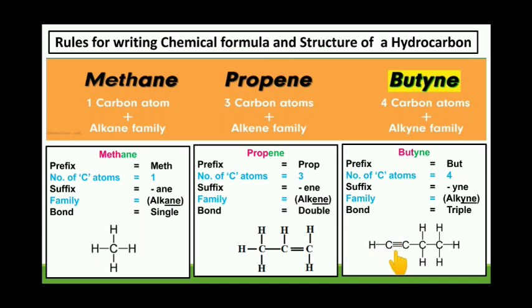So 4 lines are present around each carbon atom. Now you can attach the hydrogen atoms to the empty space in these valencies. So you will get C4H6 as the formula. So this is butyne.